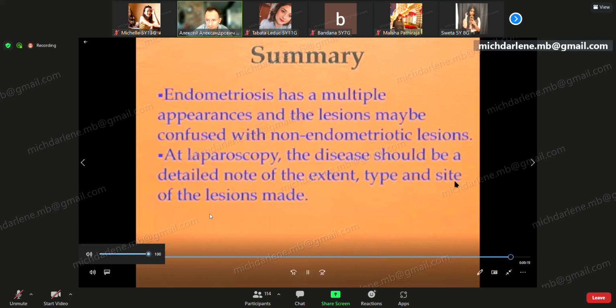Endometriosis has multiple appearances, and the lesions may be confused with non-endometriotic lesions. At laparoscopy, a detailed description of the disease should be noted, including the extent, type, and site of the endometriotic lesions.